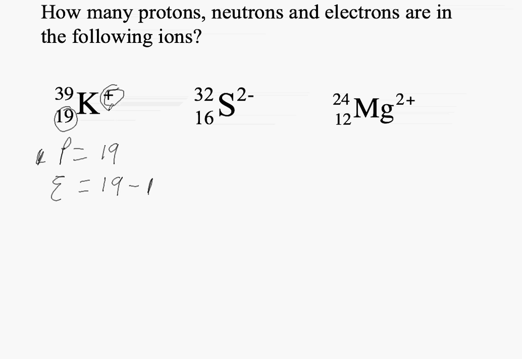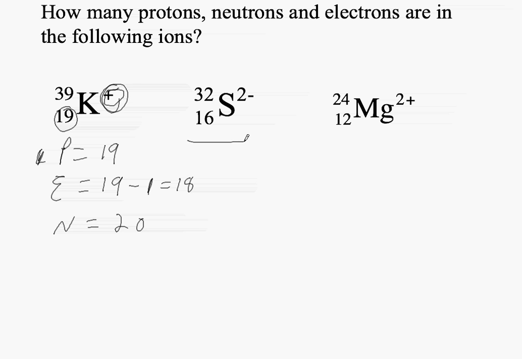The 1 is because we have a plus 1 here, which means we're going to have 18 electrons, and the number of neutrons is simply going to be the atomic mass 39 minus 19, which is going to give us 20. So again, the number of electrons is 19 minus 1. We lost an electron, so the atom now has an overall charge of plus 1.